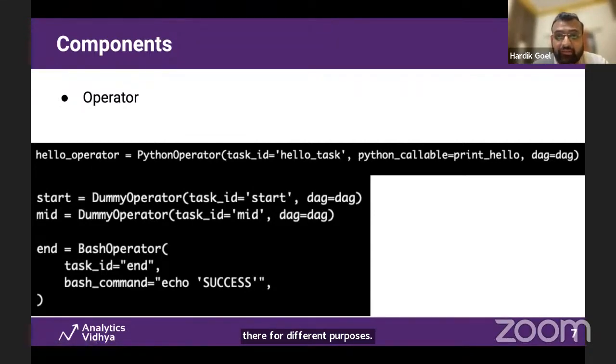So there are EMR steps operator, right? You want to run only Spark jobs, for example. So there are Spark operators, Spark submit operator. So etc. etc. For different use cases, you have different kinds of operators which are particularly meant for those. Otherwise, you can always use a workaround. You can always write something, and you can call it via Python operator or via bash operator.